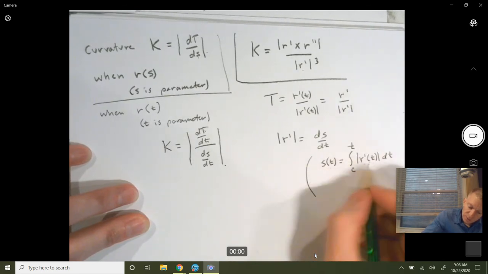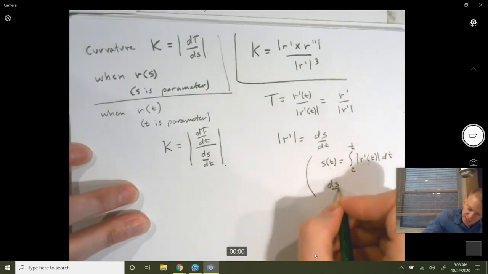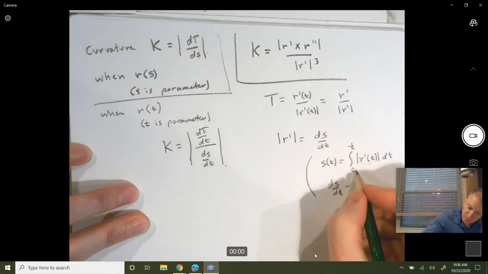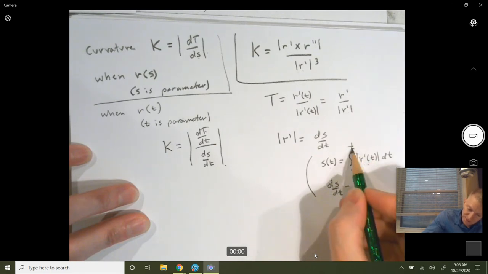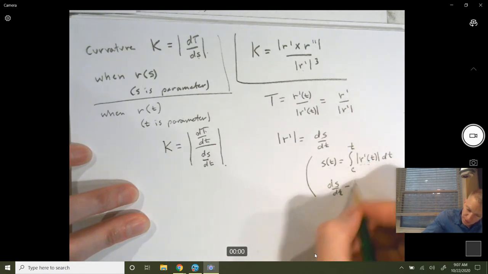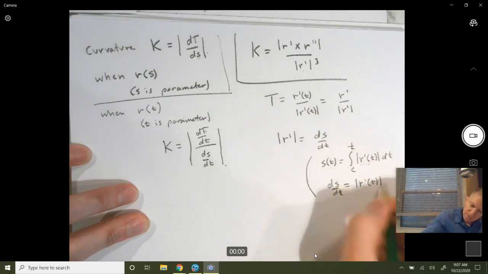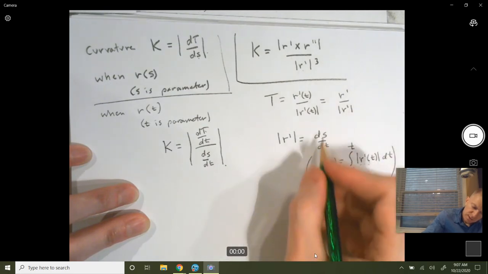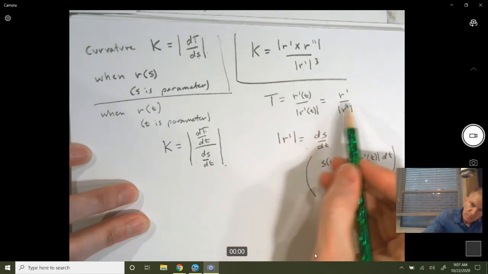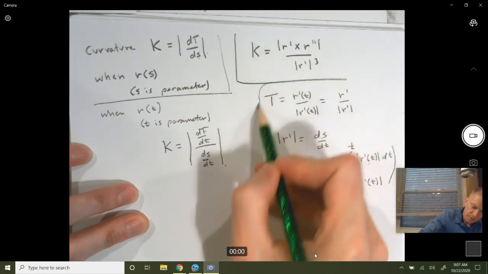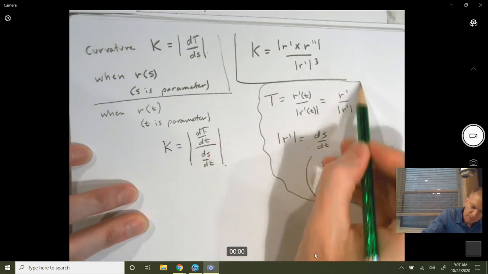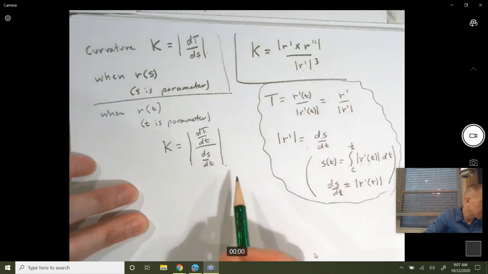So when you take the derivative with respect to t of both sides, ds/dt is equal to the derivative with respect to t of an integral going from a constant to t. That just cancels out and you get the magnitude of r prime of t. Okay, so these two things we're going to use in our proof. So just keep those in the back of your head because we're going to come back to those.